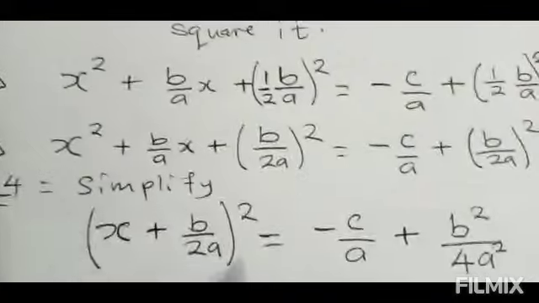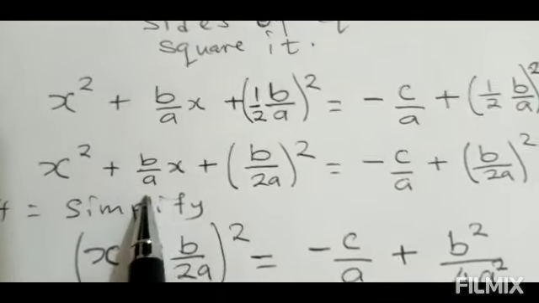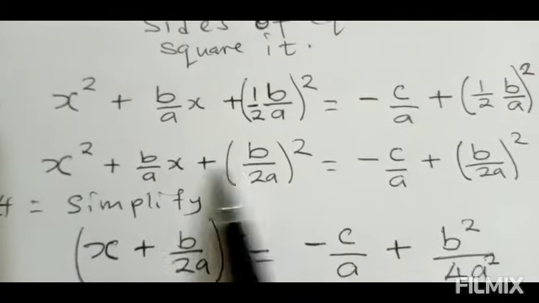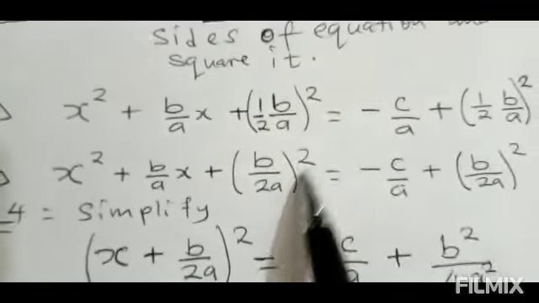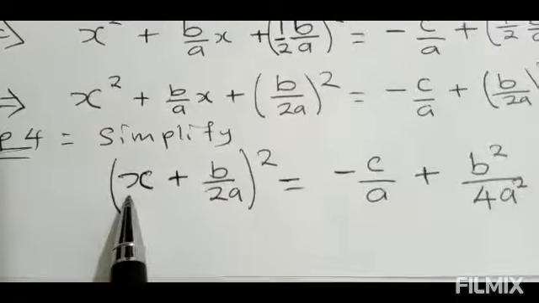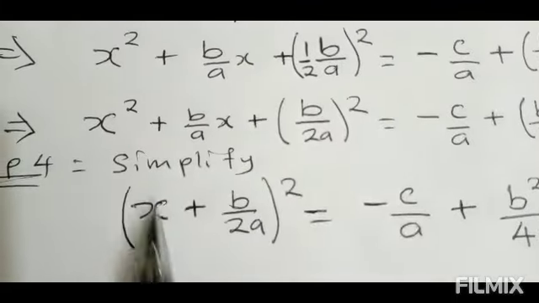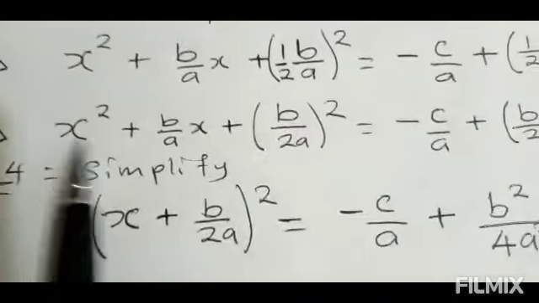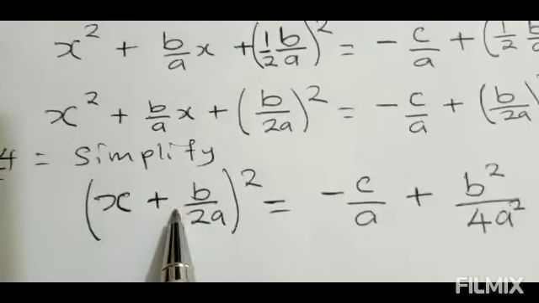When we expand this term, we're going to get x squared plus b over a x plus b over 2a squared. So we have just simplified these terms. We have collected them into one bracket, the squared ones, so x plus b over 2a squared.